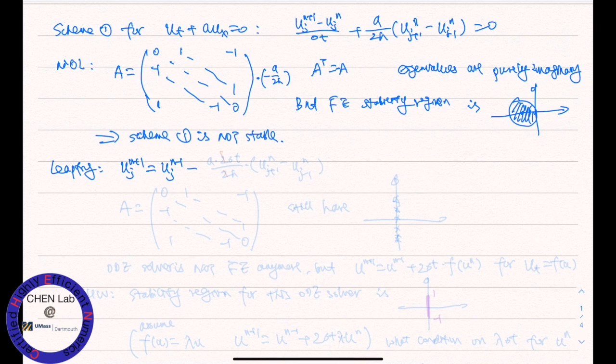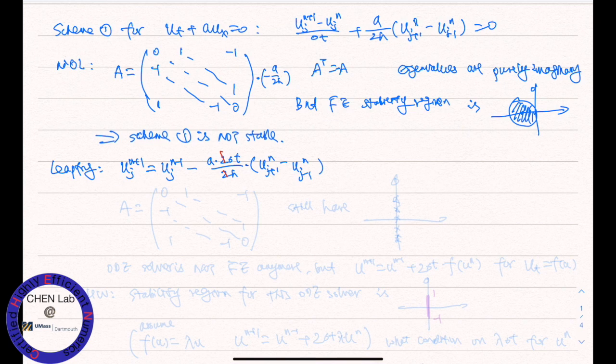When you multiply 2 delta t to the right hand side, you get a times 2 delta t over 2h, so the 2 cancels with the 2, and it's a delta t over h times (u_{j+1}^n - u_{j-1}^n).